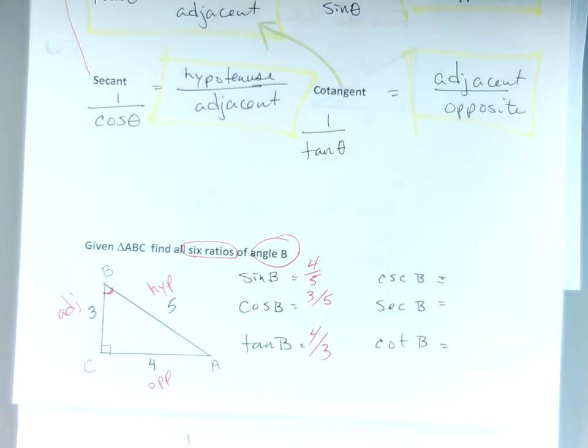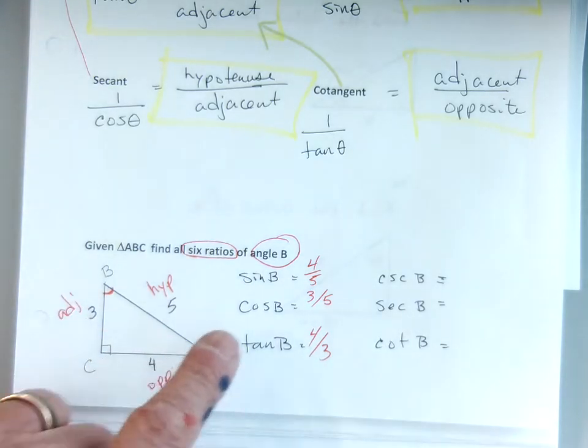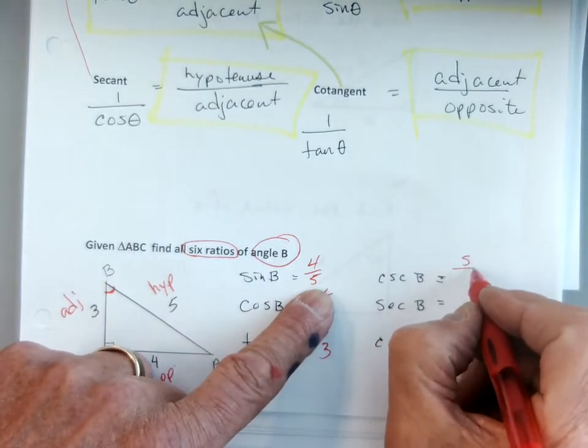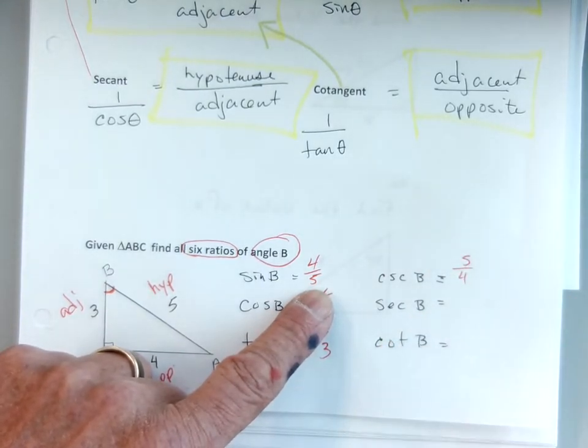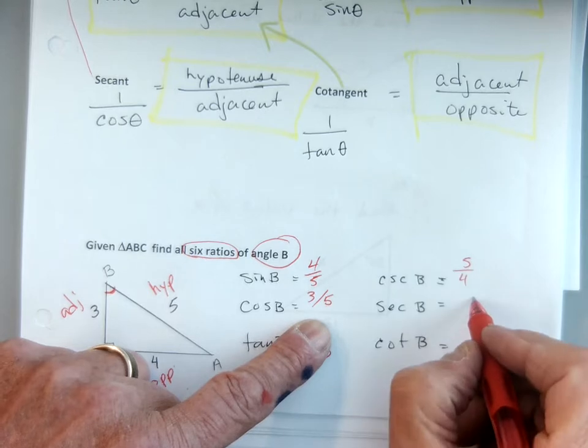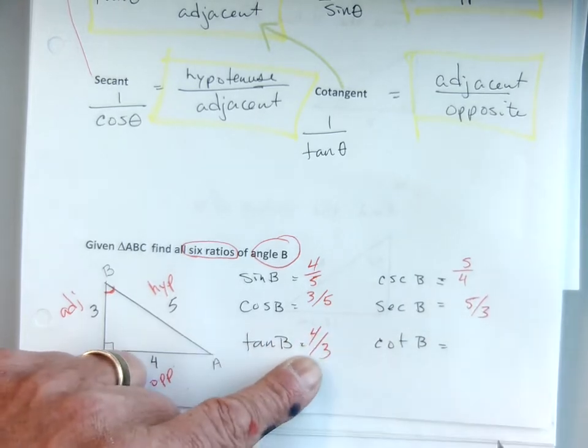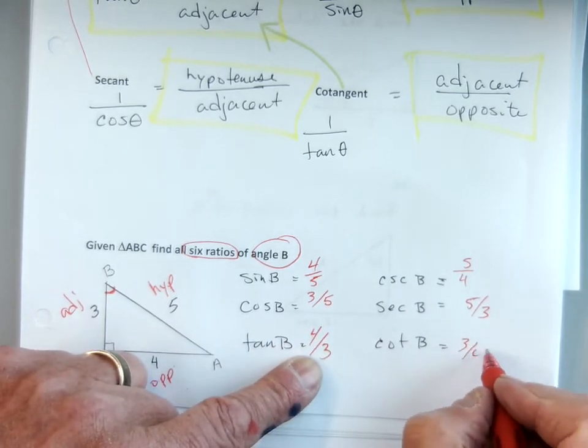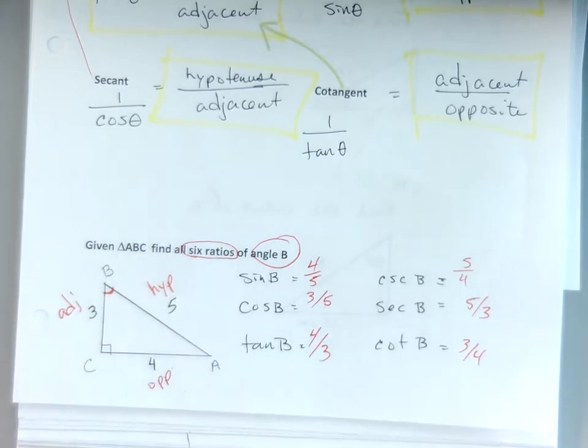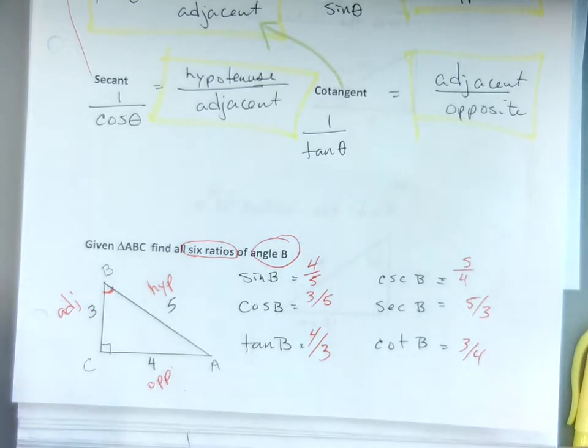Everything's just the reciprocal. So this is going to be 5 over 4. See, it's a reciprocal? And 5 over 3. And then 3 over 4. That's it. Thumbs up? Can you do this? Yes, no? Thumbs up? Let me see. Is this easy so far? Okay, turn the page.